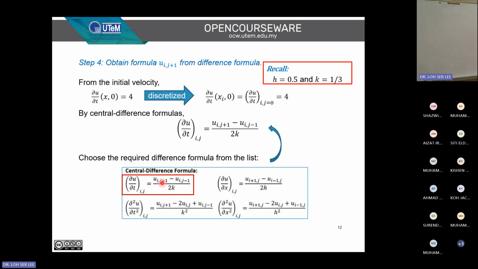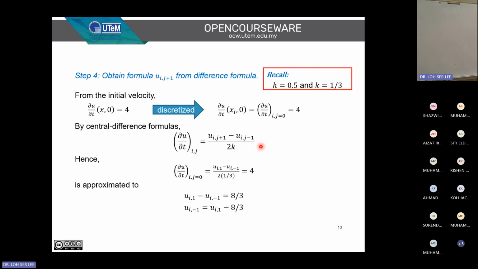That's why you need to substitute this j and this j by 0, and k is 1/3, and then it is equal to 4. Then you get this equation. So this 2/3, you move it to the right. So 4 times 2/3, you get 8/3. On the left, you have this one.